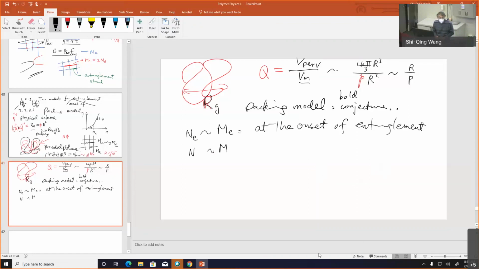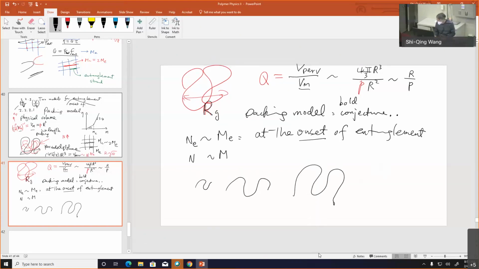is a point, when we say onset, we mean this. You have a short chain, you keep making this longer, you keep making this longer. There will be a moment when the chain is as long as N_E, such that in its own pervaded volume, there are enough chains.